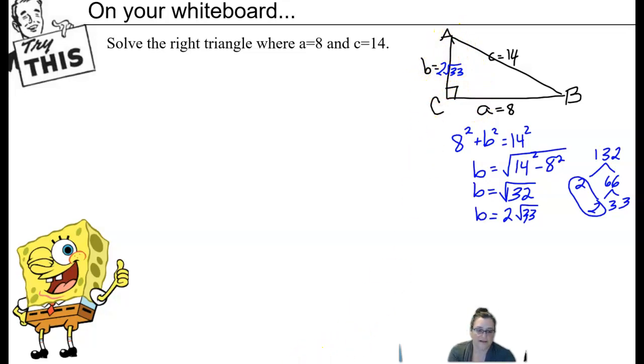Now I want to find angle A, and I know if this is my angle that I want to find, I know the length of the side opposite, and I know the length of the hypotenuse. So to find angle A, I could use the sine.